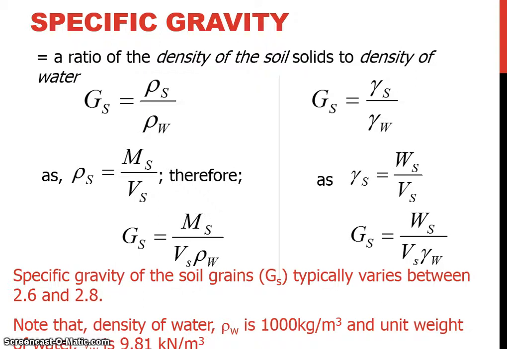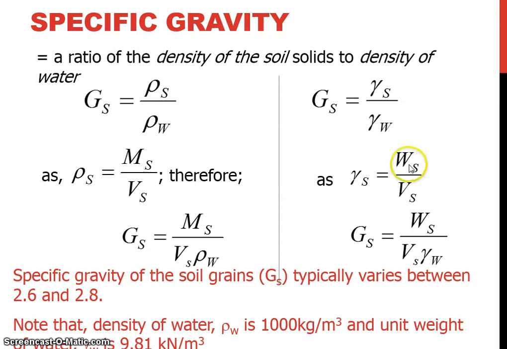So here comes the equation. Specific gravity is noted as G sub S, and it is the density of the solids of the soil, or mass of solid divided by volume of solid.